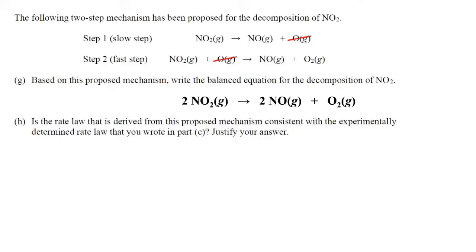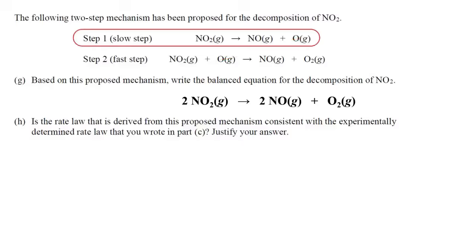Now, part H of this question is focusing on the mechanism and whether it is consistent with the experimentally determined rate law that we wrote in part C. Remember, it's a second order rate law. What I focus on in a mechanism is the rate determining step. So in this case, step 1 is the slow rate determining step.